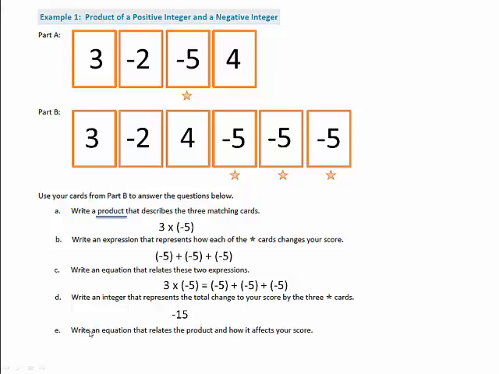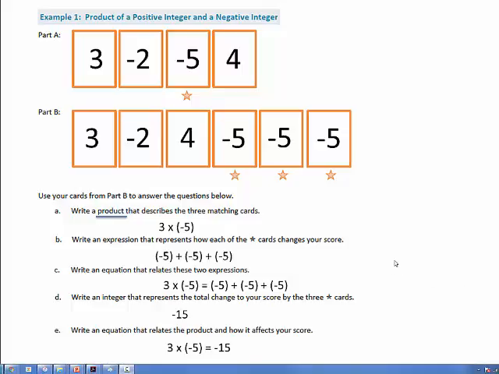If we want to write an equation that relates the product, 3 times -5, to how it affects my score, decreasing it by 15, this is the expression I get. 3 times -5 equals -15. We've just gone through a proof that allows us to prove that a positive number times a negative number gives us a negative answer.